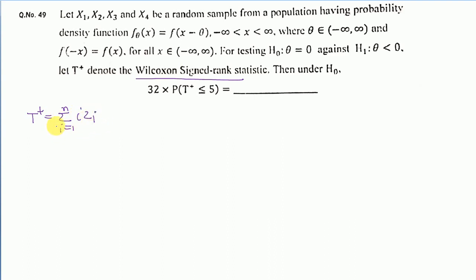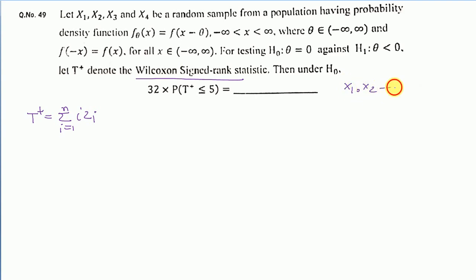See, the form of this T plus has a hidden theory. An untold story, like many movies have an untold story. So this form of T plus also has some untold story, which will be discussed if someday we discuss non-parametric tests on our channel.